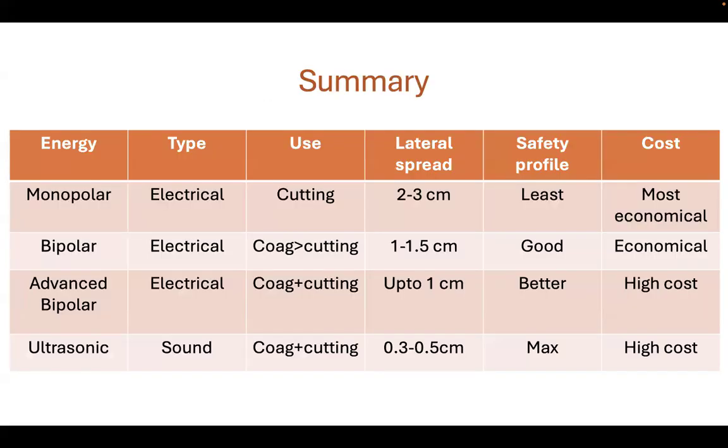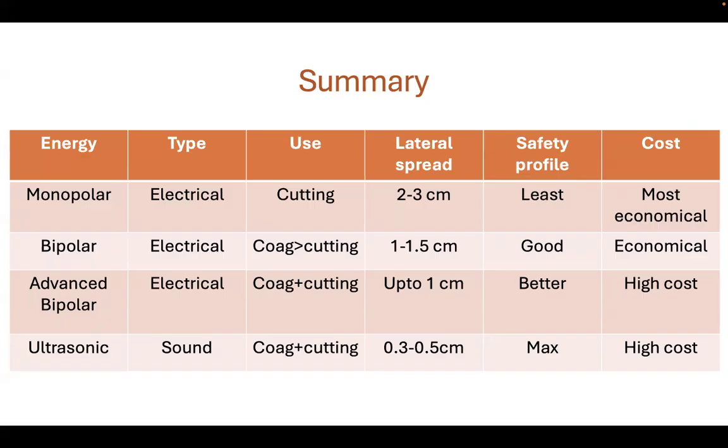Just as a summary of what I've spoken so far, we have spoken on monopolar, bipolar, advanced bipolar, and ultrasonic energy. The first three are electrical energy directly applied, causing heat due to resistance, and ultrasonic is a sound-based energy. Monopolar is primarily used for cutting, and can be used for coagulation also.